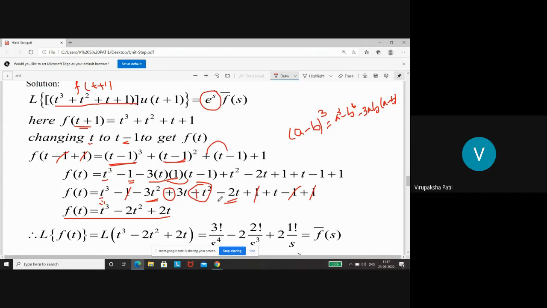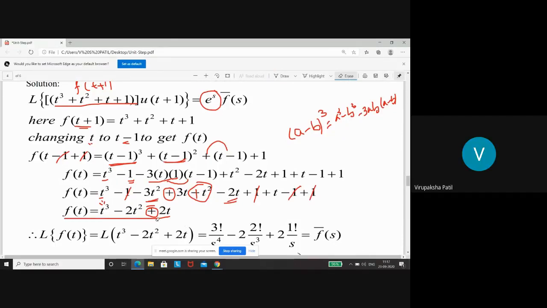Yes, sir, sign confusion. See, some typing mistake happened there in urgency. This is minus 2t. It becomes, I'm sorry, this becomes minus 2t. No, sir, it is positive t, 2t. One minute. Okay, it's right, sir.